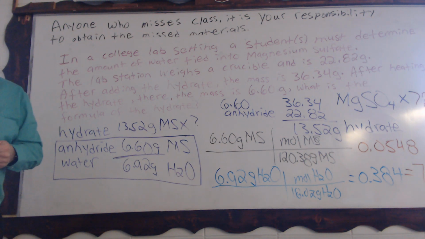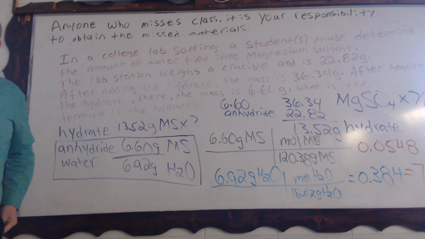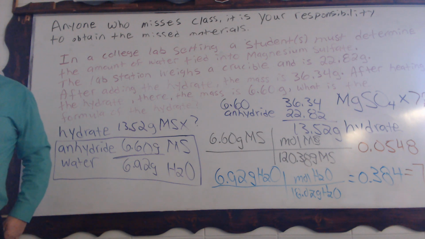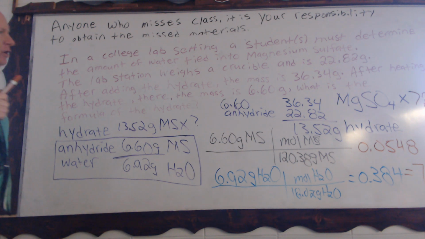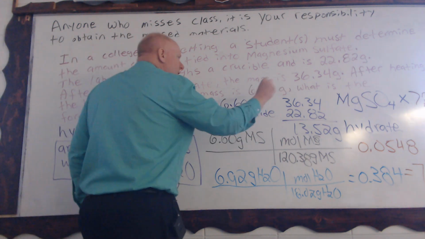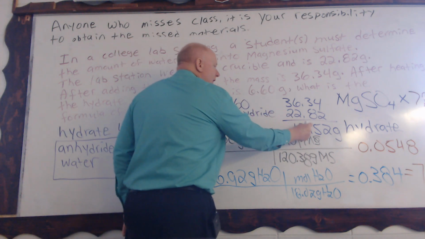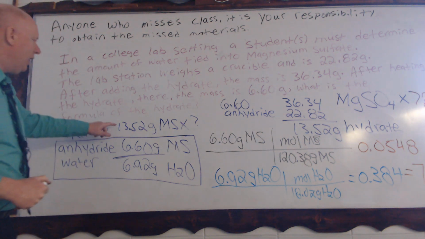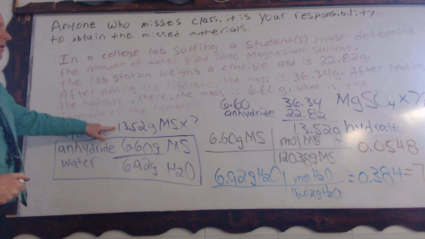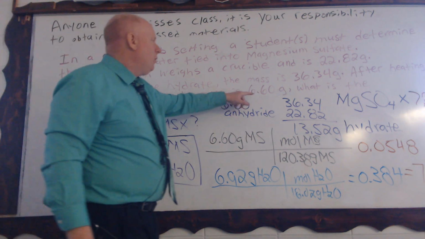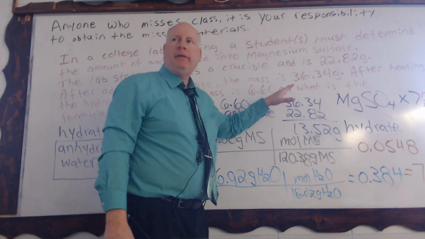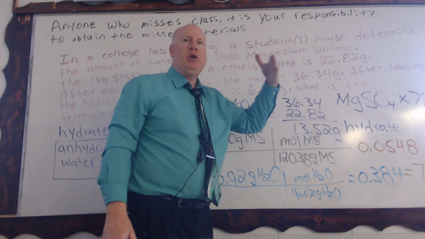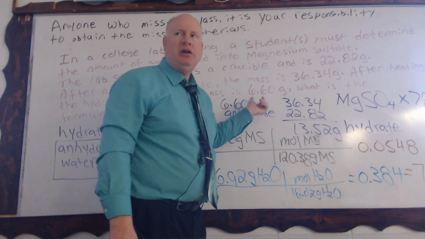All right. So hopefully this works off. What's going to make the biggest difference is when you go through this process, okay, you had that much of your anhydride. Excuse me, your hydrate. So when you drive that water off, you have to keep going until this number doesn't change anymore.